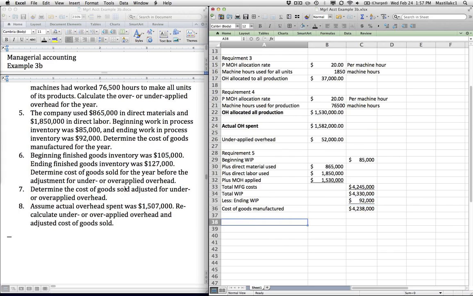From there, we can move on to requirement 6, and we can figure out our unadjusted cost of goods sold, and then requirement 7 will add the adjustment for underapplied overhead. So requirement 6, our unadjusted cost of goods sold, we simply take our beginning finished goods inventory, and that's given at $105,000.